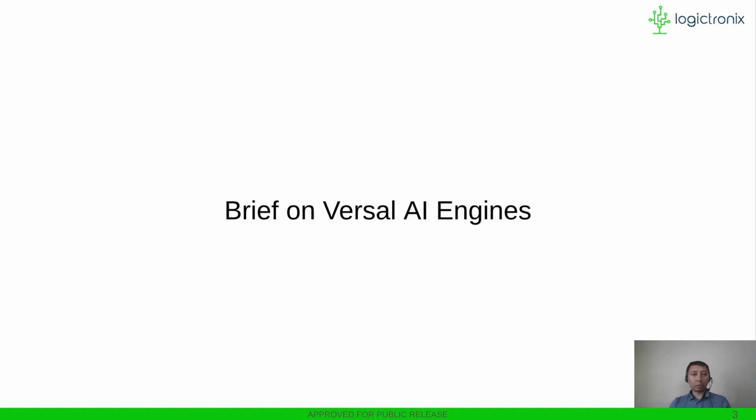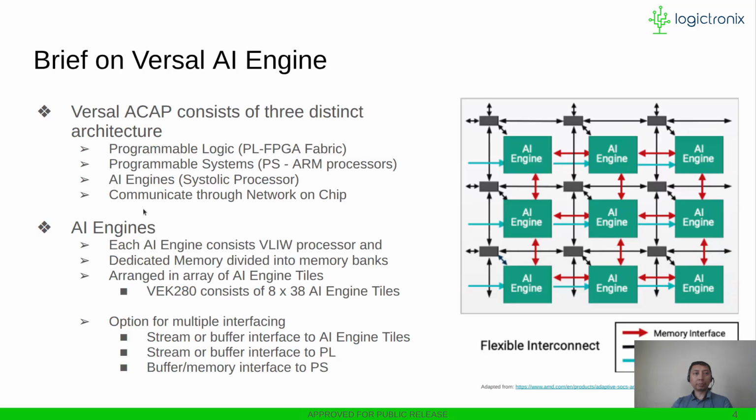So let us walk through the brief introduction to the Versal AI engine architecture. Versal ACAP devices consist of, first of all, the programmable logic, and next is the programmable system or processor, the ARM processor.